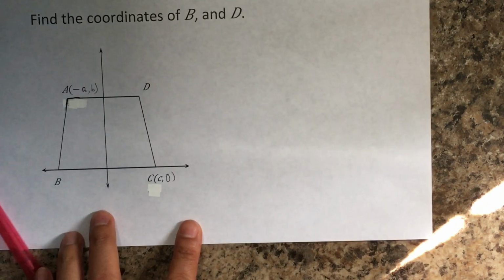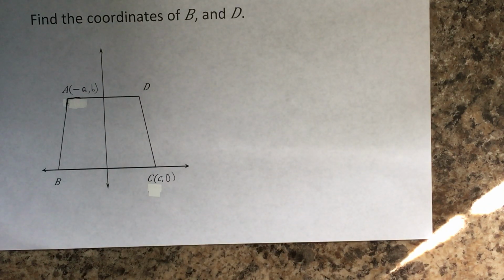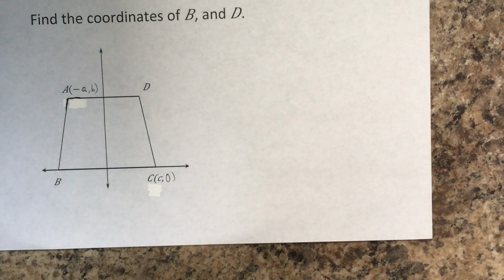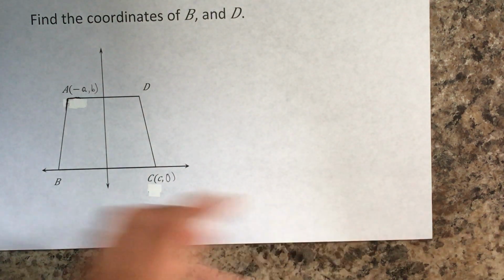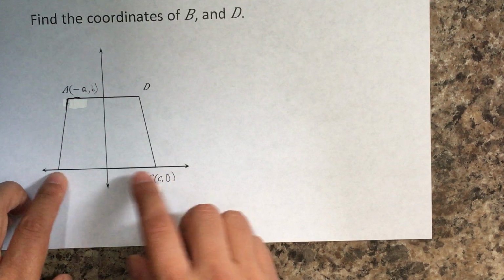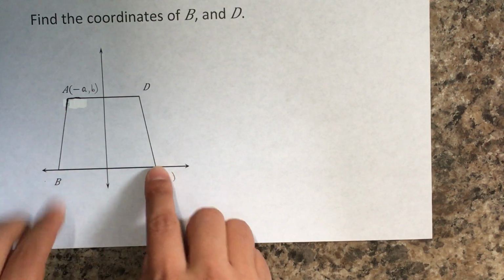Let's do one more. And this one has different letters as well. So what is B and D? Well, we can compare D to A and B to C because this is the same distance as this one, right?